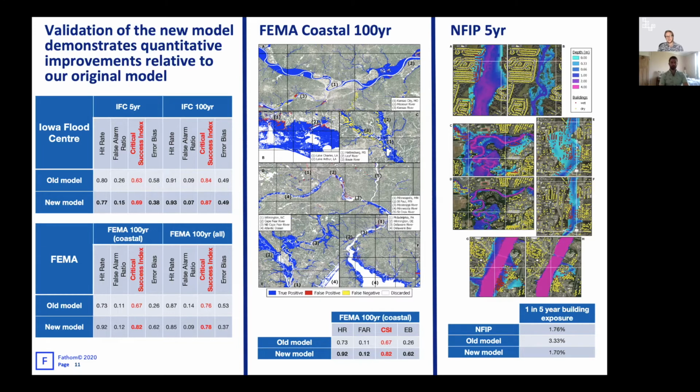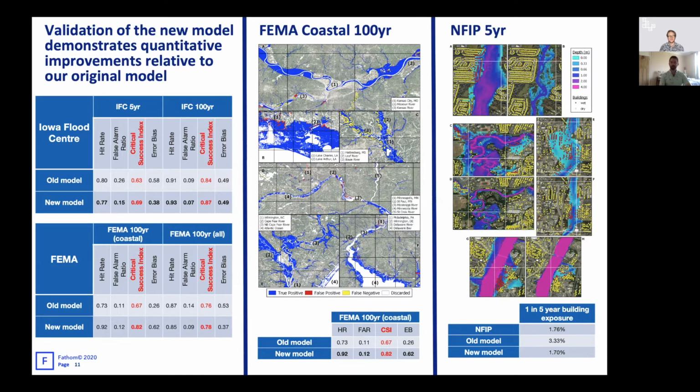So this indicates that the new model is behaving in a more realistic manner than the old model at high frequencies. And we knew that this was important from our own internal analysis and from interaction with our insurance clients who are already using the older data.